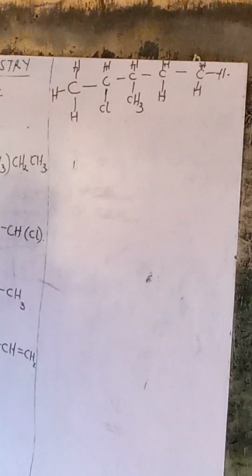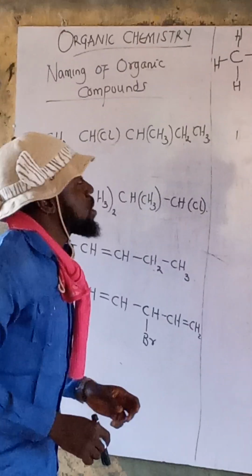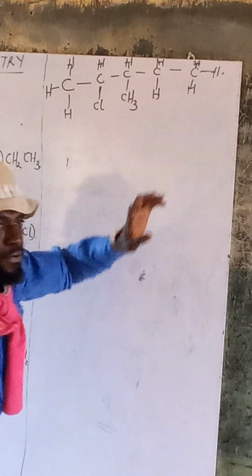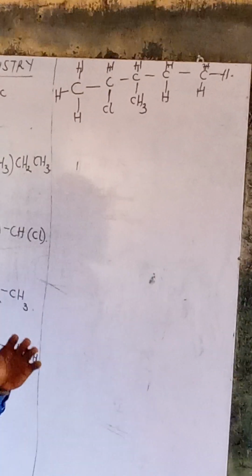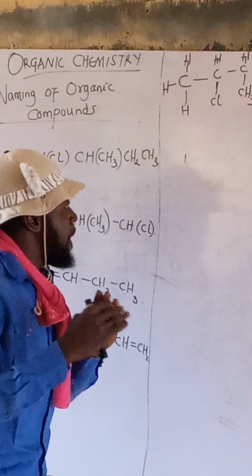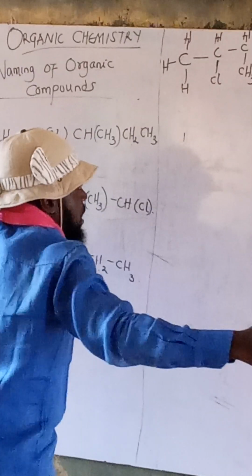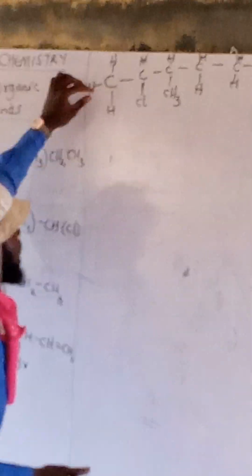Now, in naming this compound, we're going to look at the longest carbon chain. 1, 2, 3, 4, 5. It is 5. That means the parent name will be pent. Now, you look at the shortest distance from the beginning or the end to the nearest substituent.